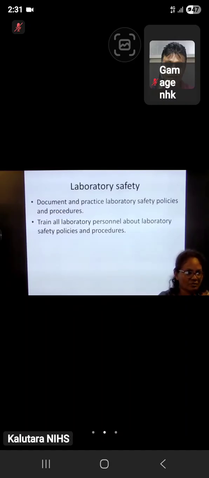So everything should be written in the document, that is the safety manual actually. The safety manual should be there in the hospital laboratory.